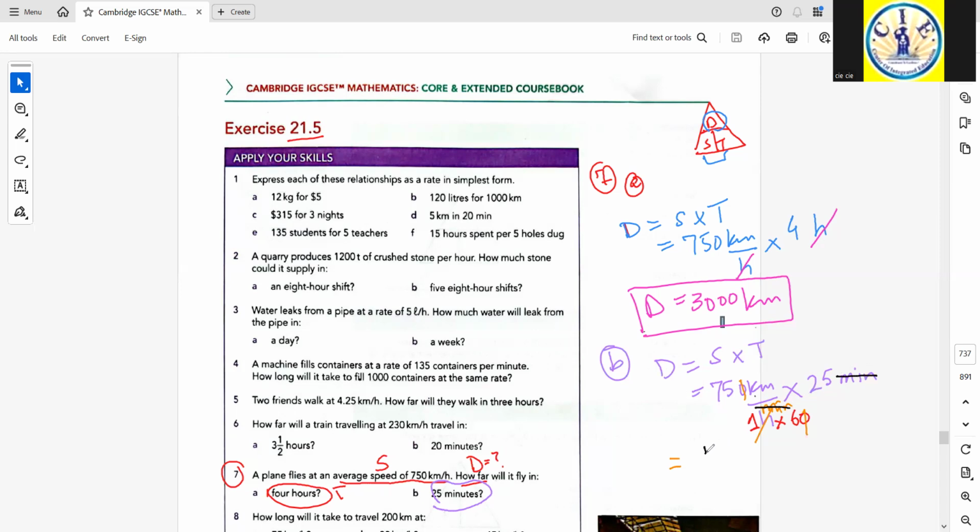And finally the answer is 75 times 25, all divided by 6. And the unit is kilometers.